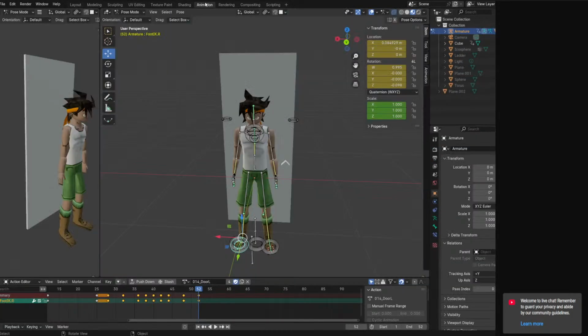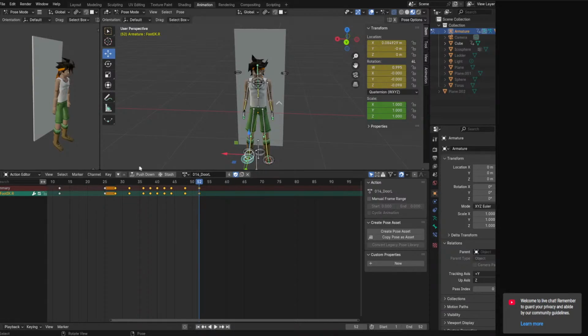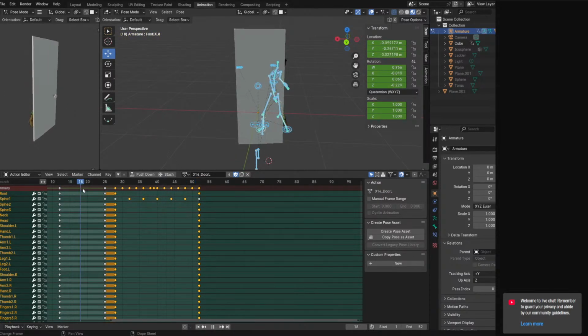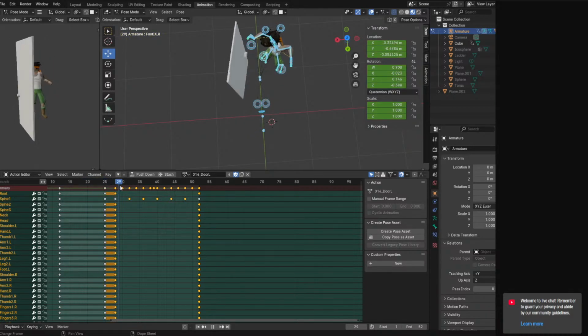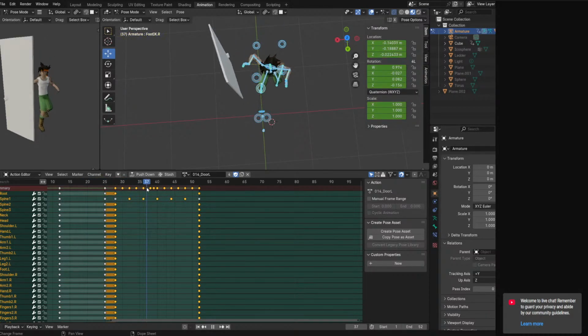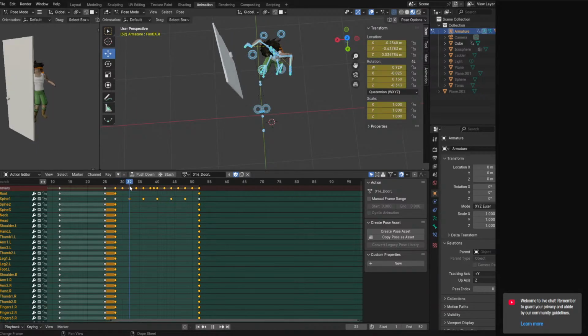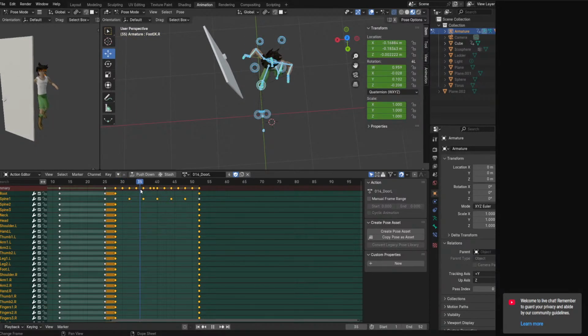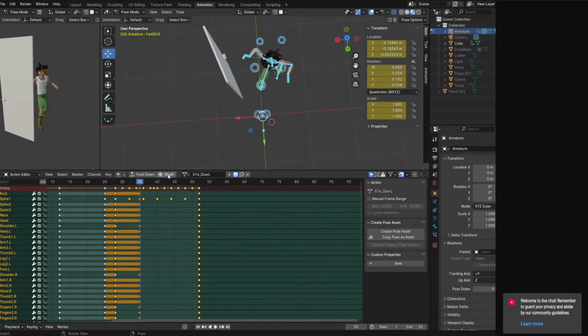One thing I kind of want to do is split the animation into two parts. One where he's opening the door and the other where he's letting the door close behind him. Let's see, it's probably a good split point. 35. Insert keyframe.